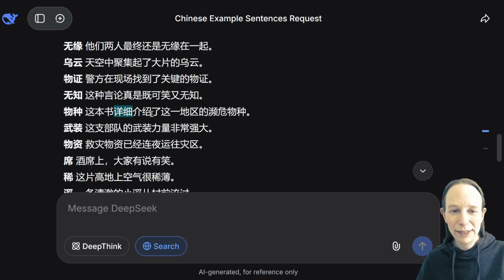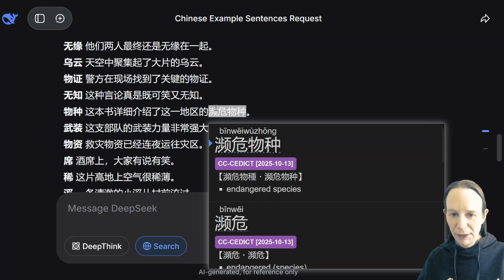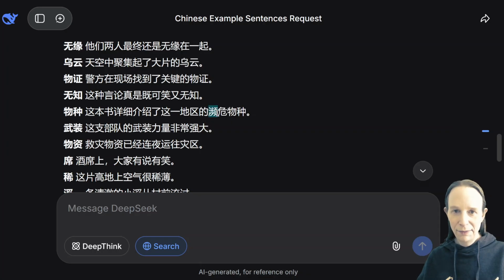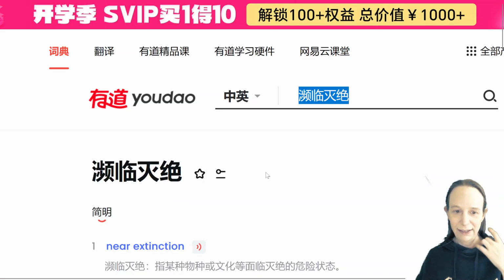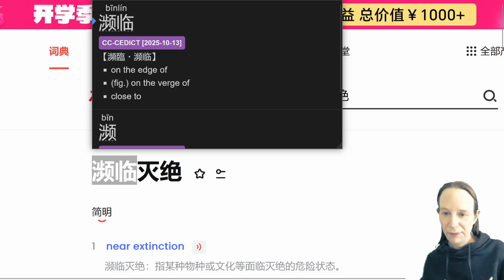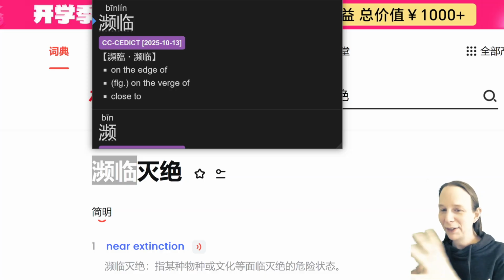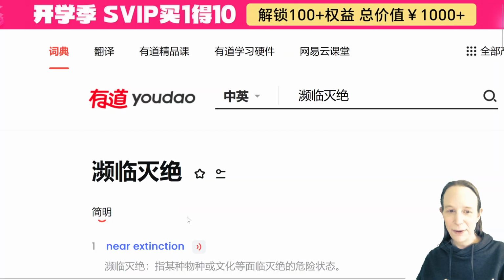这本书详细介绍了这一地区的濒危物种. 濒 comes from 濒临, sort of on the verge of something. In this example, on the verge of 灭绝, extinction.